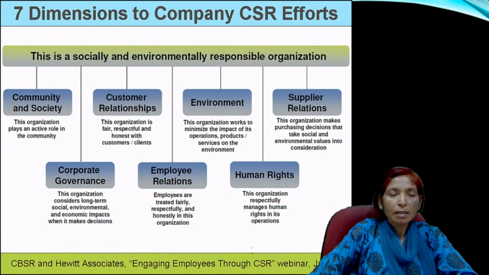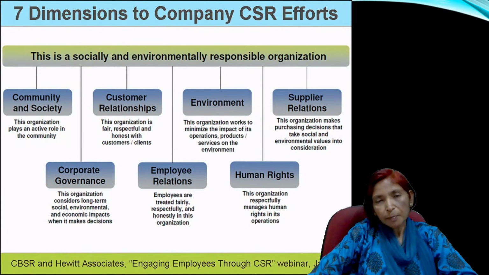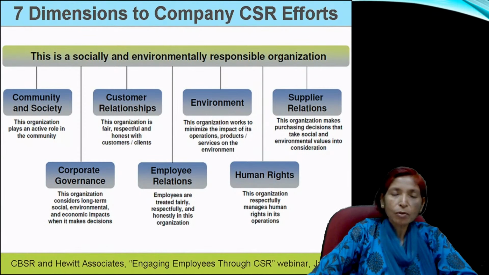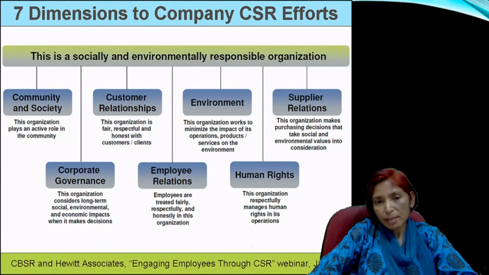This dimension mainly includes that the organization should play an active role in the community, and the organization should be fair, respectful, and honest with customers, and provide good quality products to each and every consumer. Third is environment. This organization works to minimize the impact of its operations, products, and services on the environment.